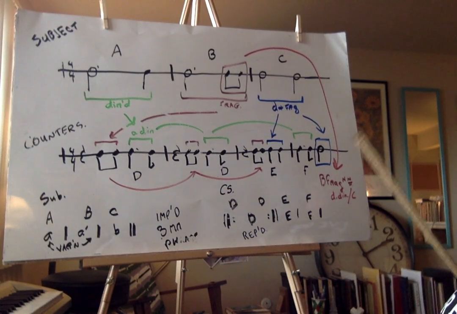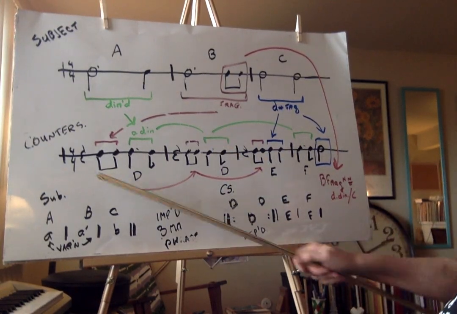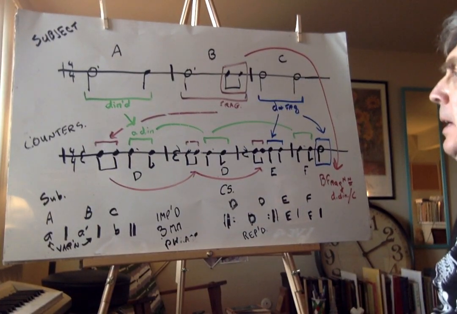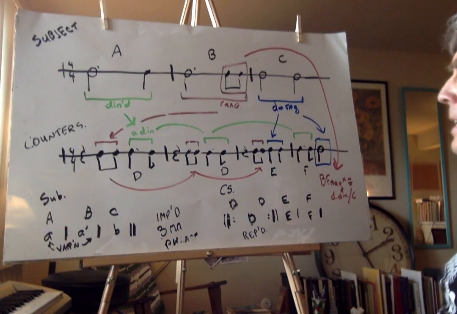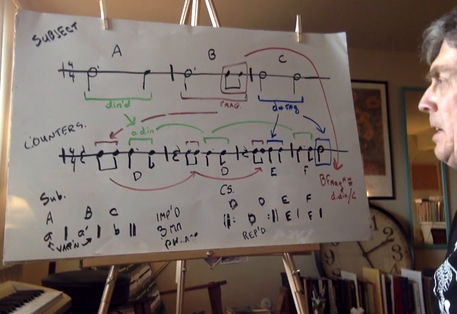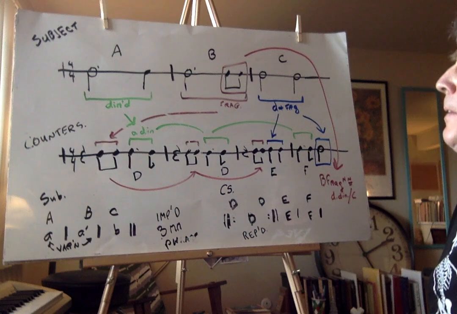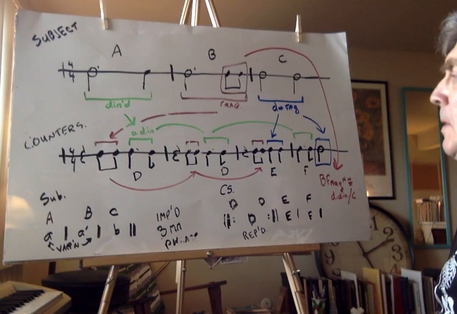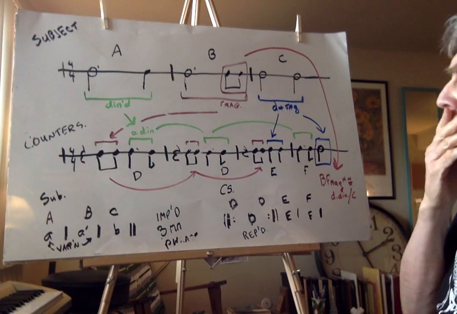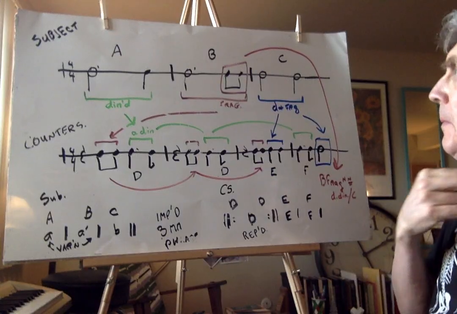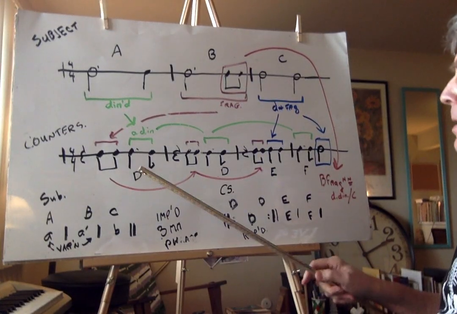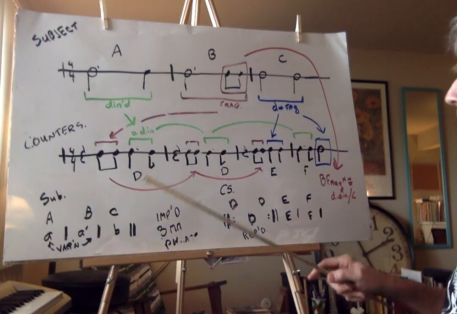All right. Now, if you look at the relationship between these rhythms and the rhythms in the countersubject, you'll find that the countersubject rhythms can be derived by various techniques from the rhythms of the subject.